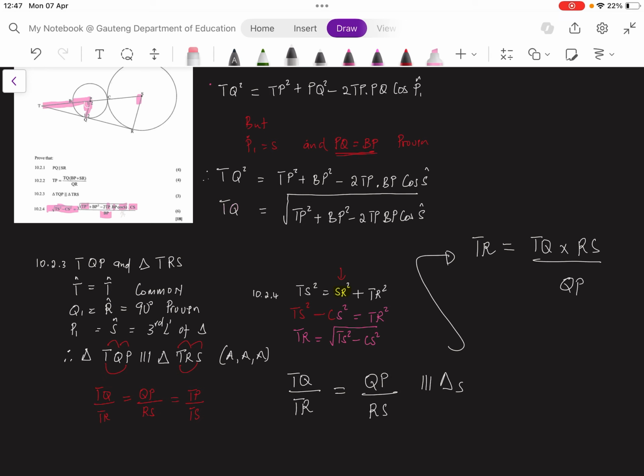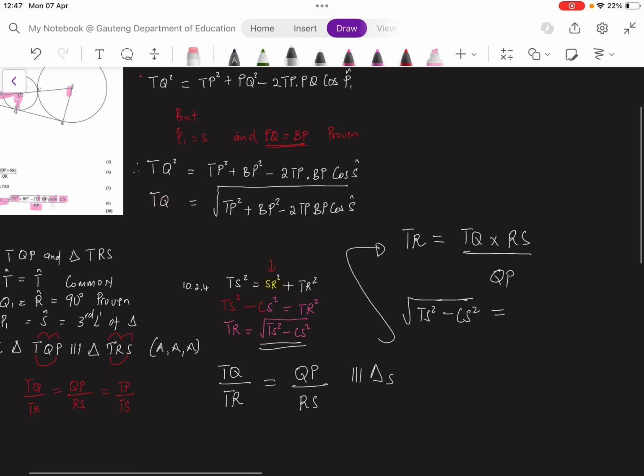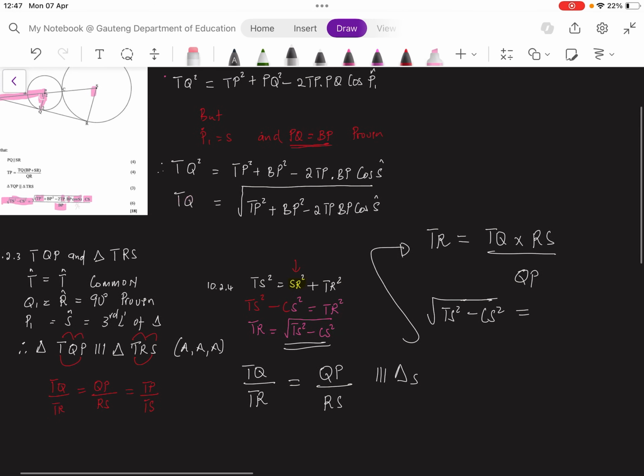Now, instead of TR, I'm going to put this. So we are going to have the square root of TS squared minus CS squared is equal to, and then do we need TQ? No, we do not.